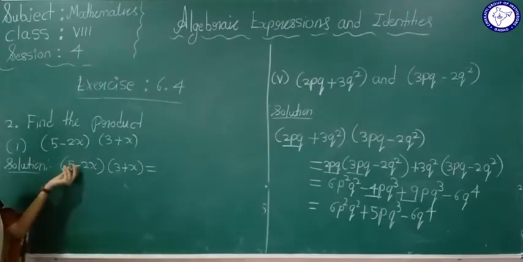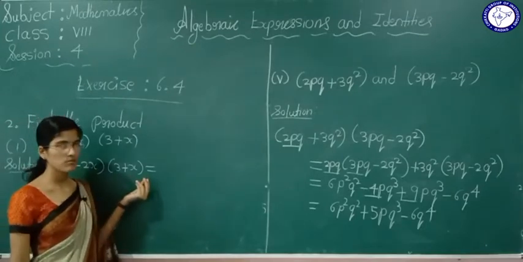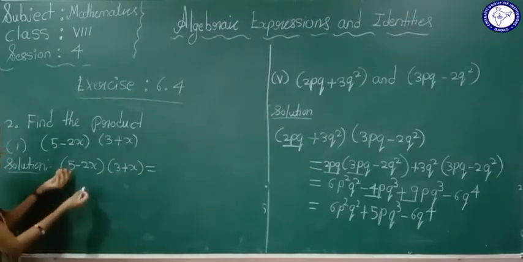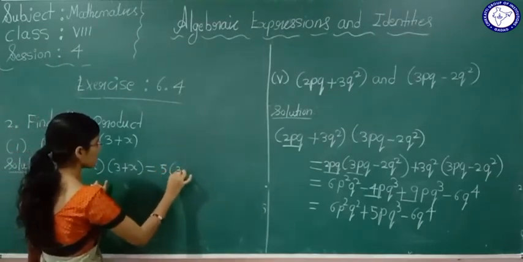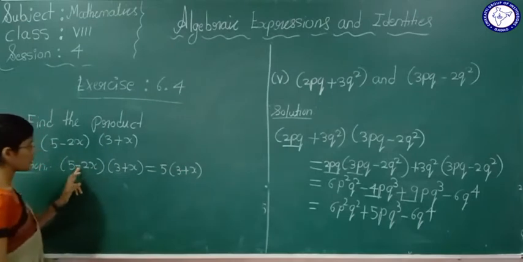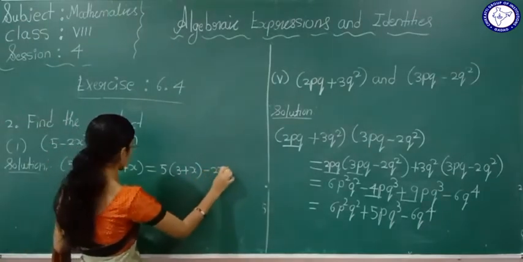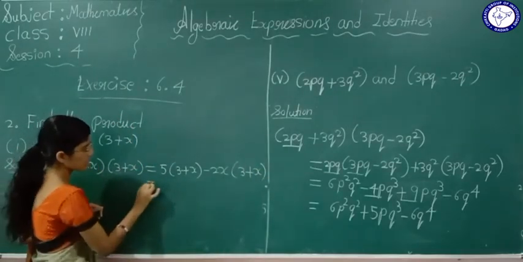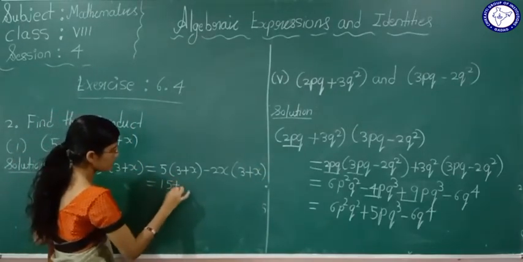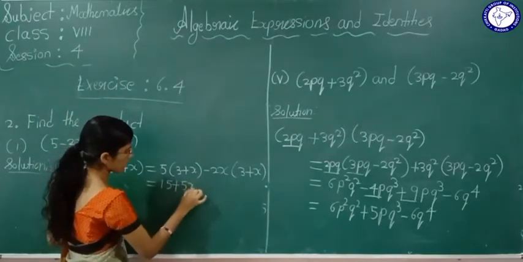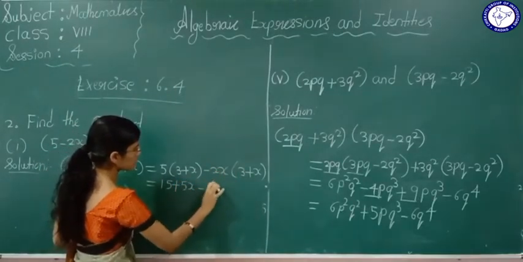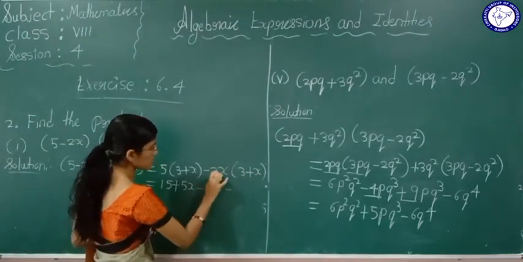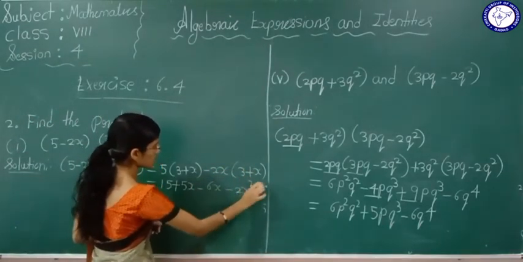Multiply each term of this binomial with the every term of the another binomial. Now see here, 5 multiplied by 3 plus x, the minus 2x multiplied by 3 plus x. Okay, now see here, 5 3s are 15 plus 5 into x is 5x minus 2 3s are, it will become minus 6x, minus plus is minus, 2x into x is 2x square.